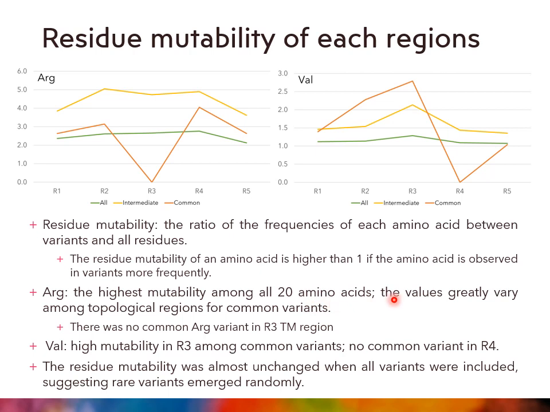But however, the value greatly vary among topological regions for common variant. So in all three regions, we did not find any arginine mutations. In contrast, for valine, it also has a high mutability, but the high mutability was observed in all three regions, and there are no common variants in all four regions. And we also confirmed that the residue mutability were almost unchanged when we include all variants.